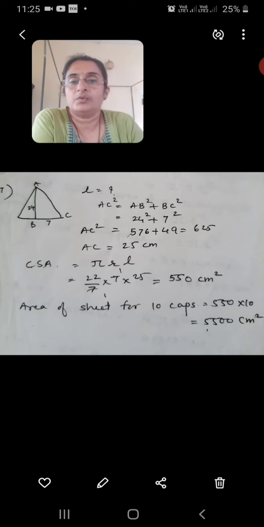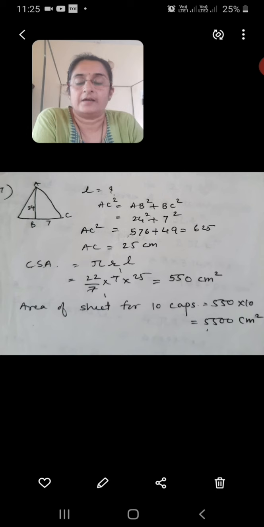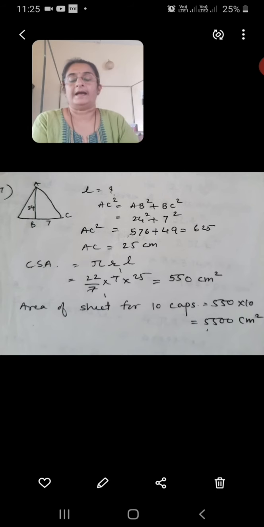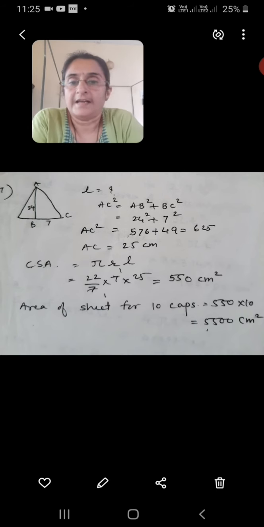Now there are two things. One is the height and one is the length. Height is the height of the triangular shape of that cone, and L is the slant height of that cone.